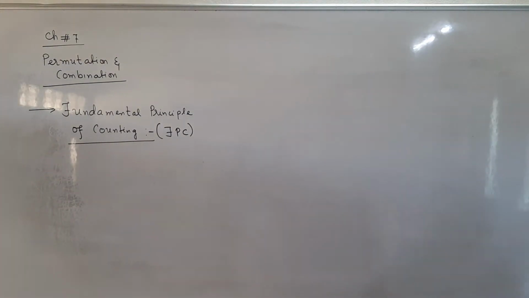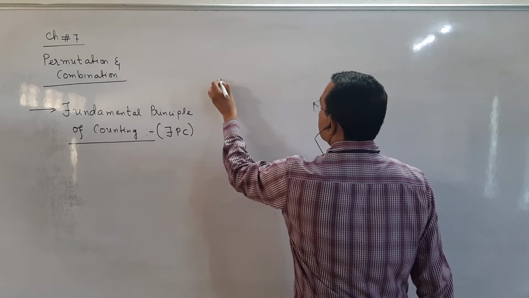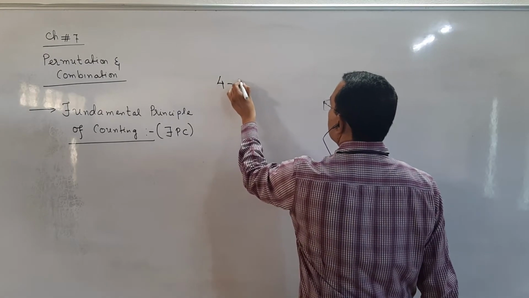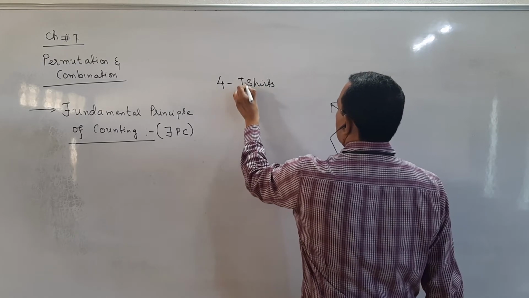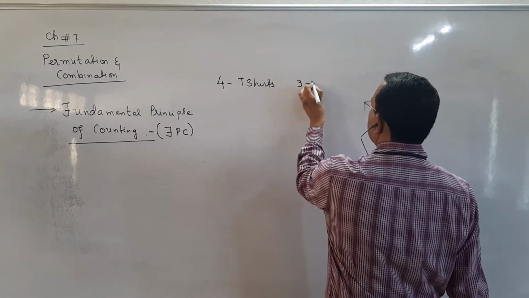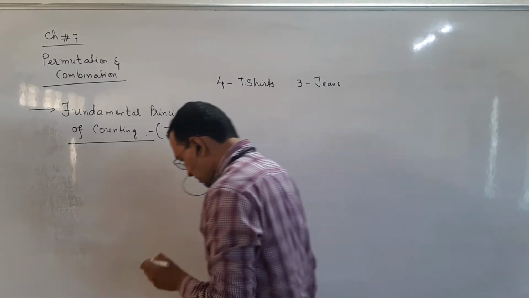Now, students, say these days you rarely go for a party, but say you have to be ready for a party, your friend's birthday party, and for that, say you have 4 t-shirts and say 3 jeans. Isn't it?